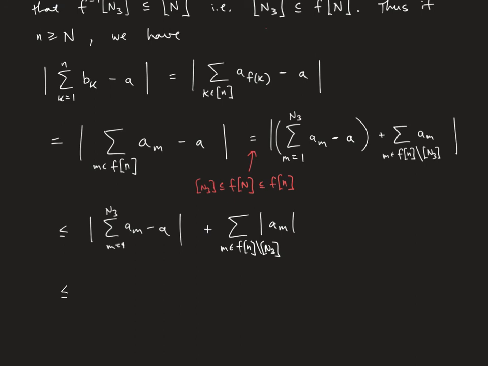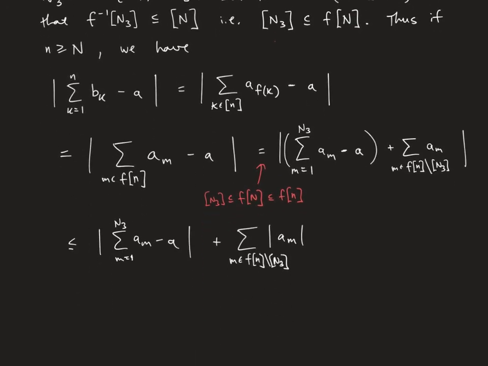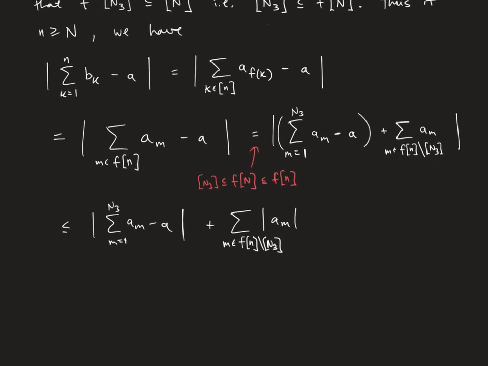And then, since n3 is bigger than or equal to n1, this first thing is less than epsilon over 2. So n3 is bigger than or equal to n2, or n1. Okay, so we're far enough out that that partial sum is close to A.